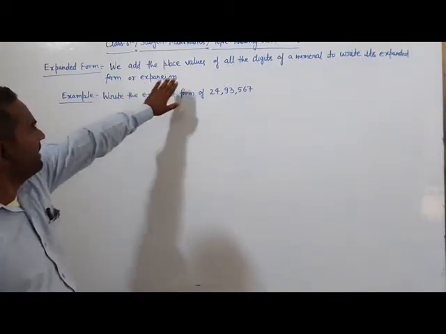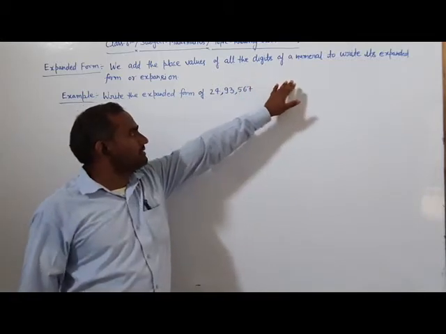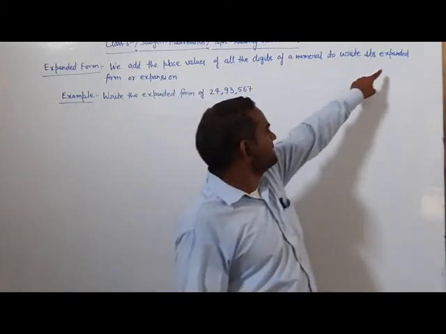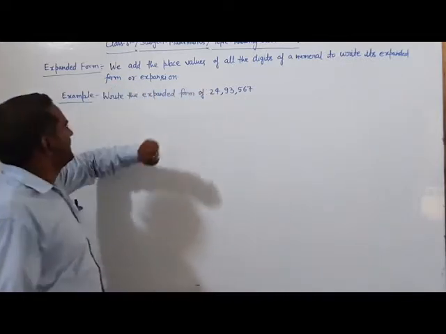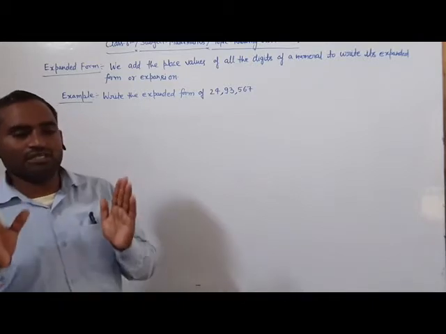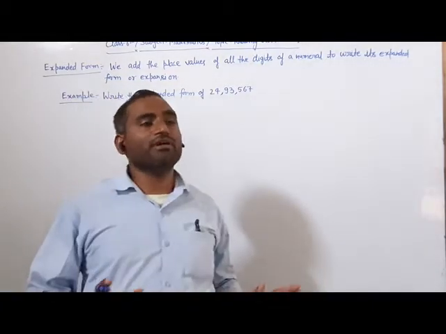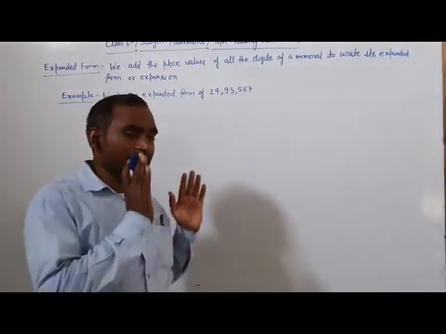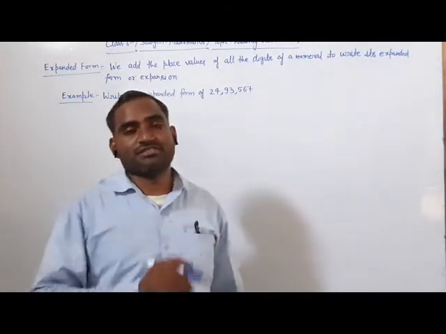We add the place value of all the digits of a numeral to write its expanded form or expansion. When we write the expanded form of any number, we add the place value of all the digits.